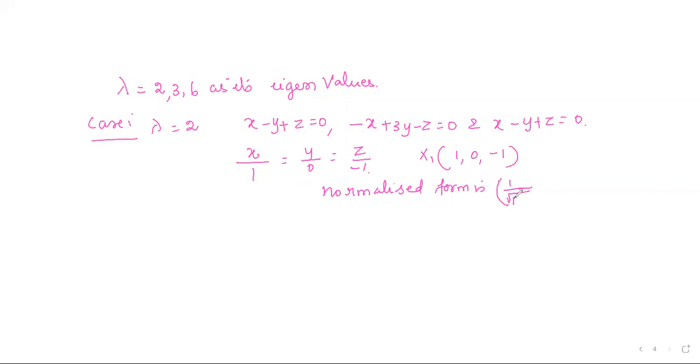Therefore, 1 plus 1 you will be getting 2. So root 2, and 0 by root 2, then minus 1 by root 2. Actually it is nothing but 1 square plus 0 square plus minus 1 the whole square. So therefore you will be getting 1 plus 1, which is 2. So the denominator is root 2.